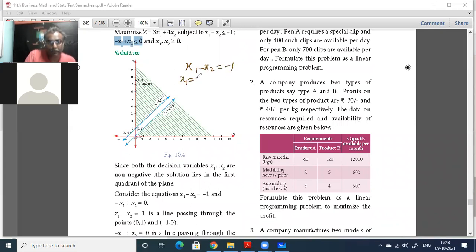So when x1 equal to 0, minus x2 is equal to minus 1, so x2 is equal to 1. So this point becomes 0, 1, the first point. Okay, A, first point is 0, 1.